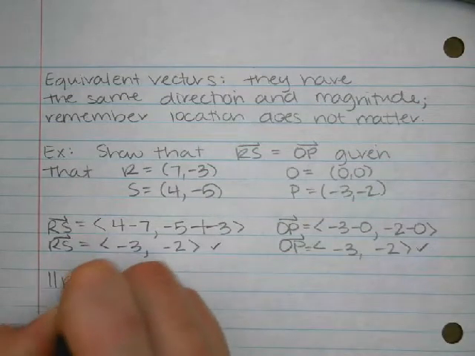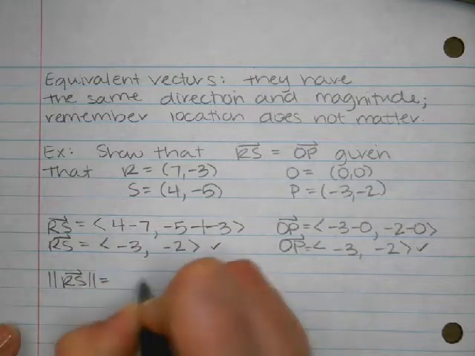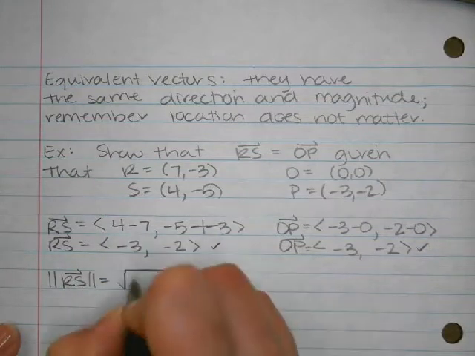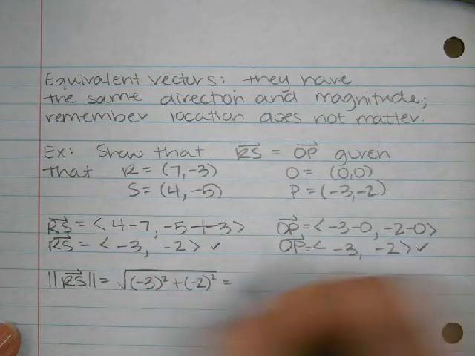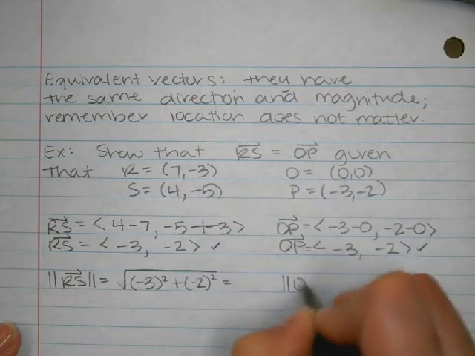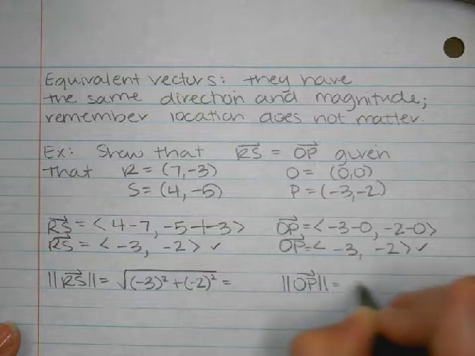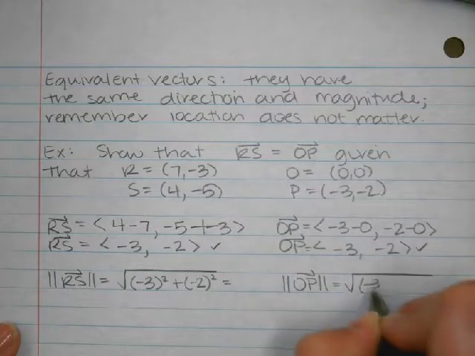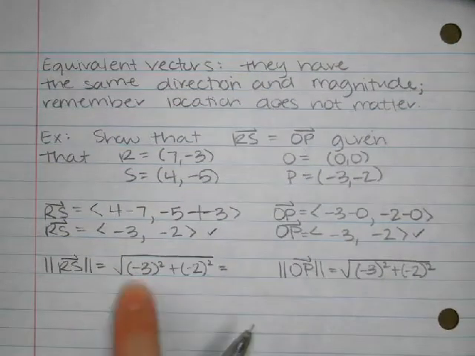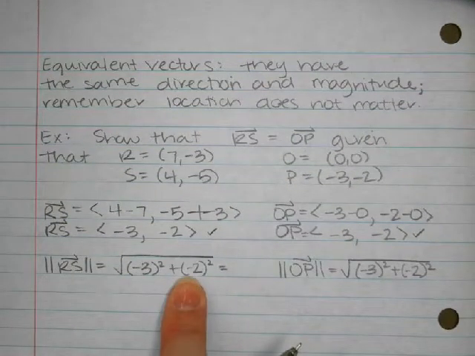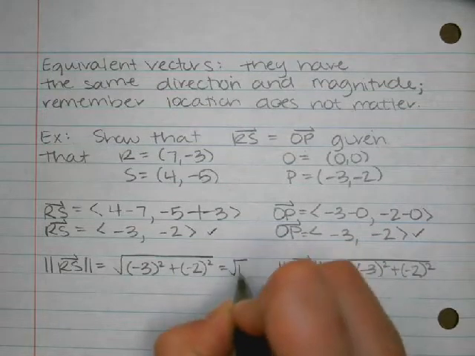Now I'm going to find the magnitude of RS, which is the square root of -3 squared plus -2 squared. The magnitude of OP, which again is the square root of -3 squared plus -2 squared. So 9 plus 4 is the square root of 13.